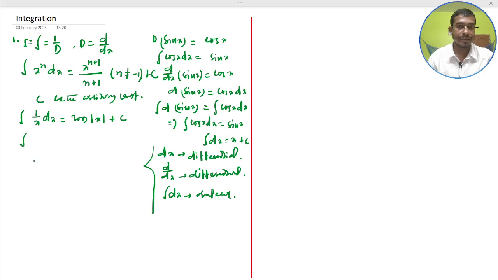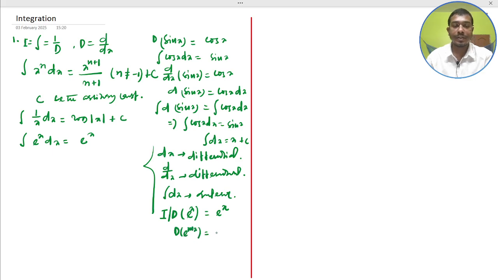Next, integration of e to the power x dx is e to the power x. Exponential is a function whose differentiation and integration are the same. But the differentiation of e to the power mx is m e to the power mx, while the integration of e to the power mx is e to the power mx divided by m.